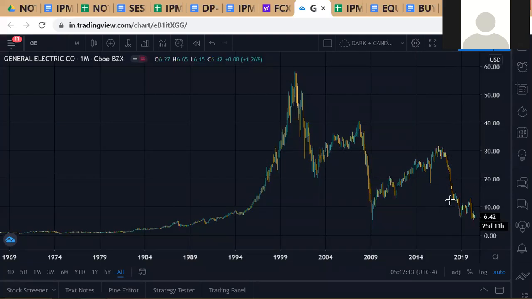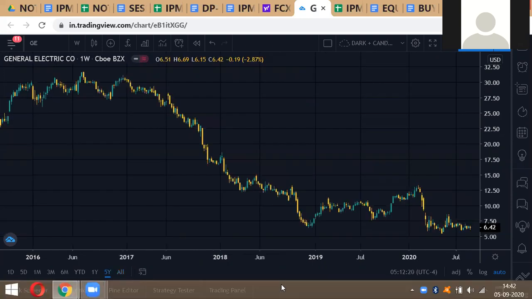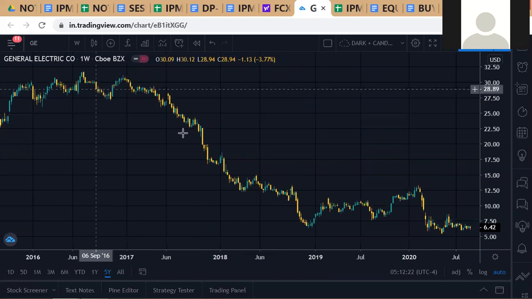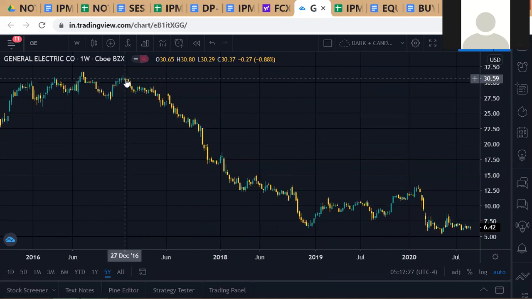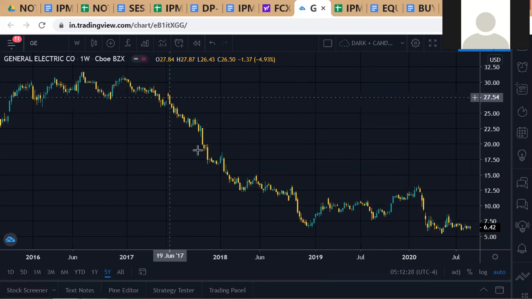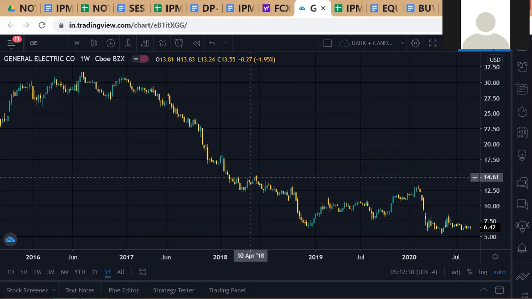When I look inside this, I can't see anything much. I can see only one straight line. But if I zoom in, now I start to see lots of smaller trends within this, smaller cycles, high to high, another high to high, another high to high here. So this is what I'm talking about here.